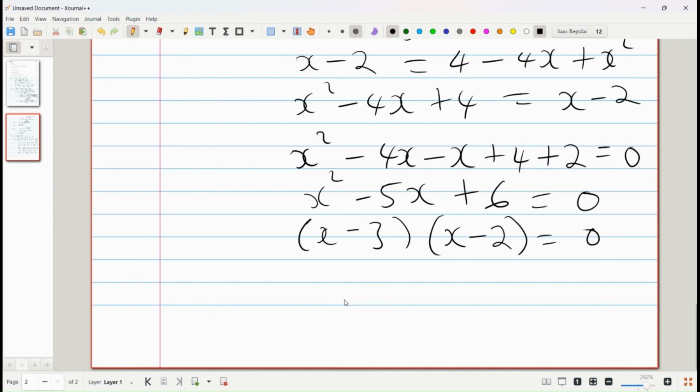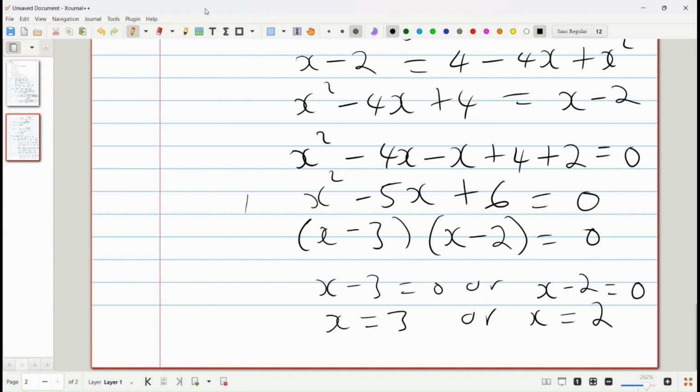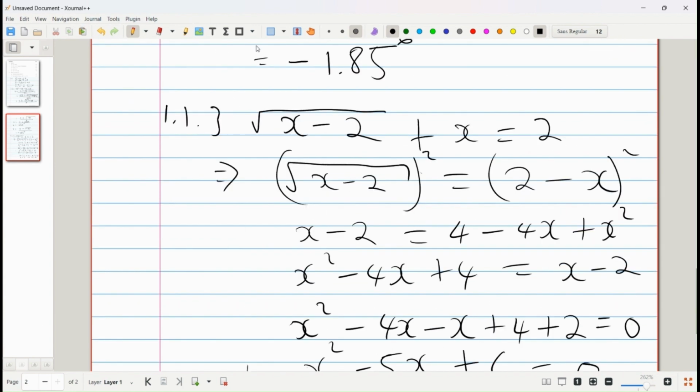Okay, this will be the factors, and we'll have x minus 3 equals to 0, or x minus 2 equal to 0. So our value for x here will be x equals to 3 or x equals to 2. So we are done with solving 1.1.3.